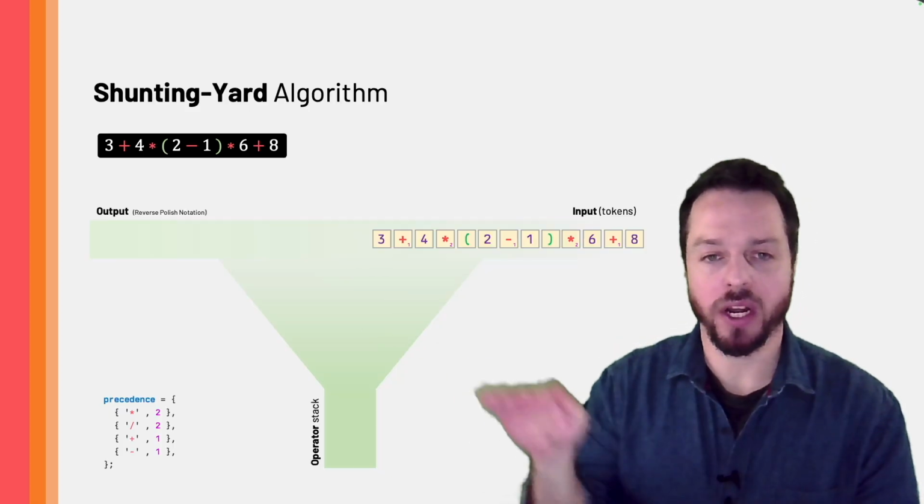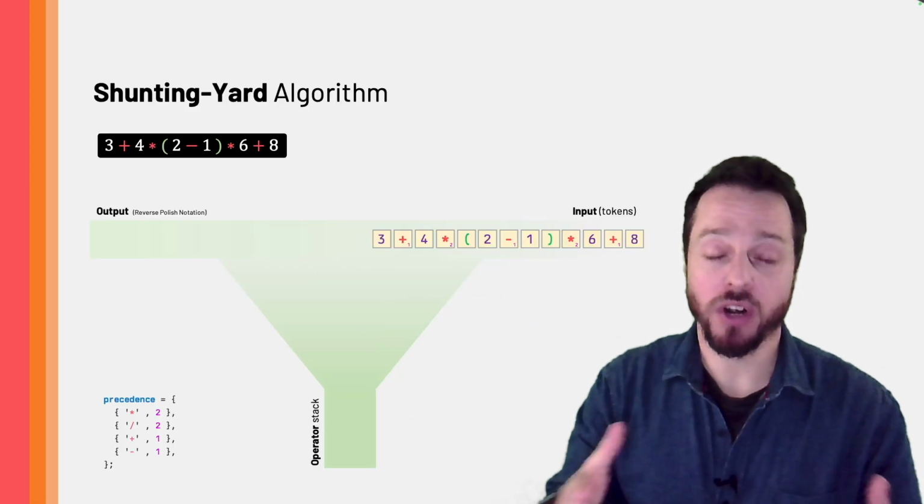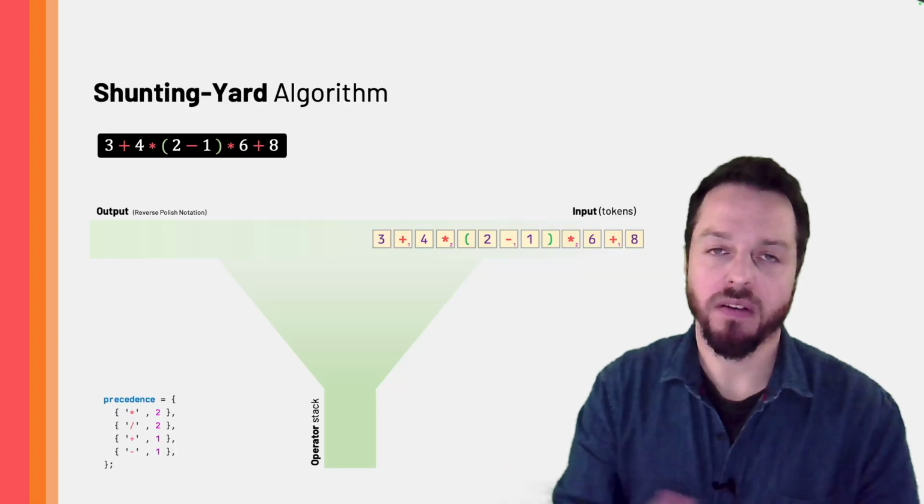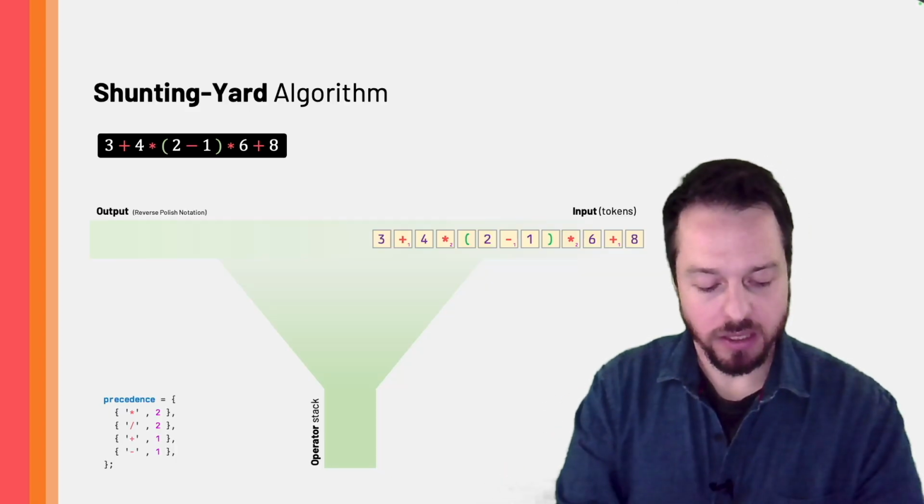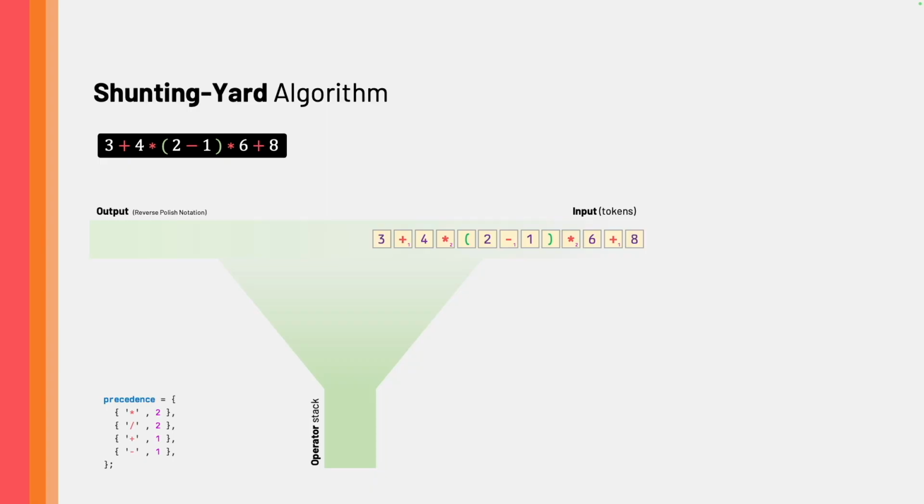At the end, how do we organize everything in the output in that reverse Polish notation postfix form? Right, let's just perform the algorithm as we know, and then whenever we get to the open parenthesis and close parenthesis, then we have to decide what to do. So let's just start with what we know.